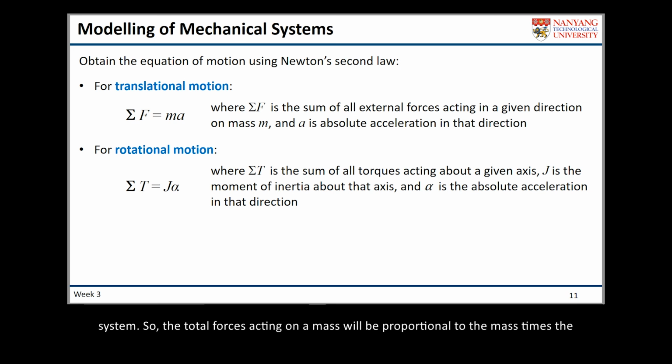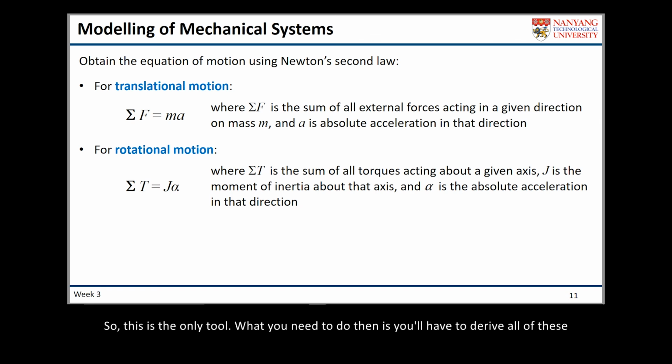For a rotational system, the total torque acting on the moment of inertia will be equal to the moment of inertia times the acceleration in the rotational direction. So the total torque will be equal to the moment of inertia times rotational acceleration.